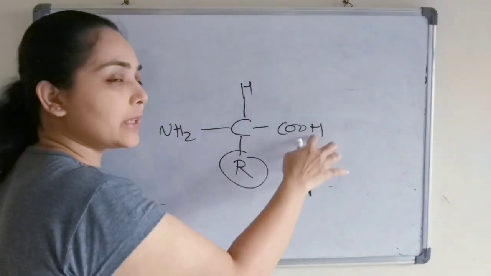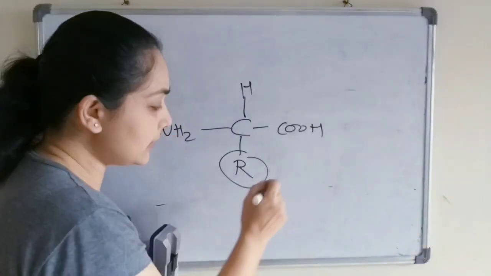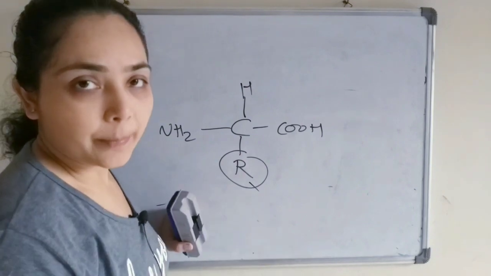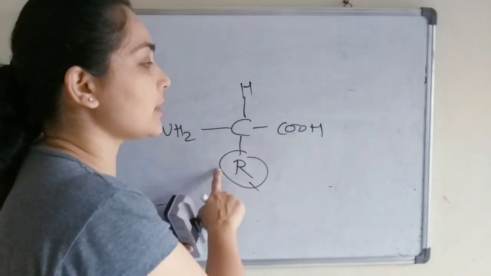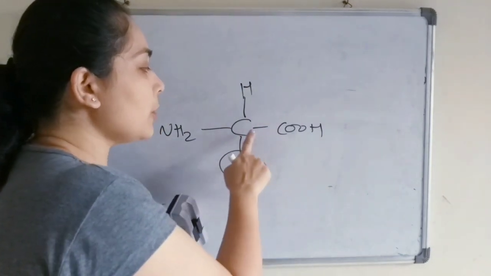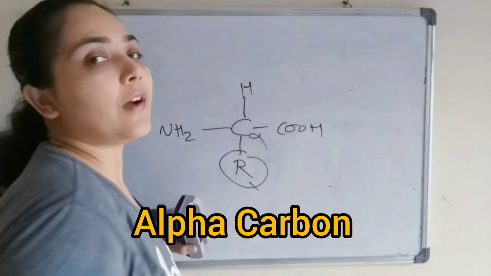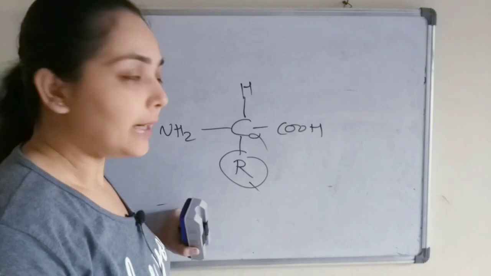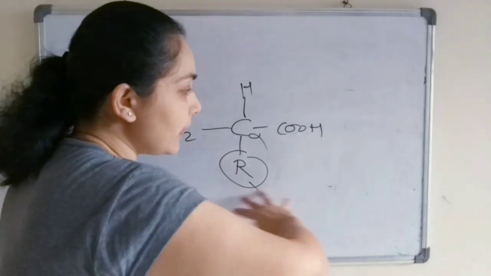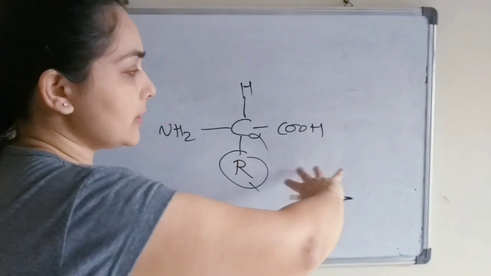These are present in all 20 amino acids, and only the side chain is variable. This is the general structure and these are the functional groups. The carbon next to the functional group is known as the alpha carbon.